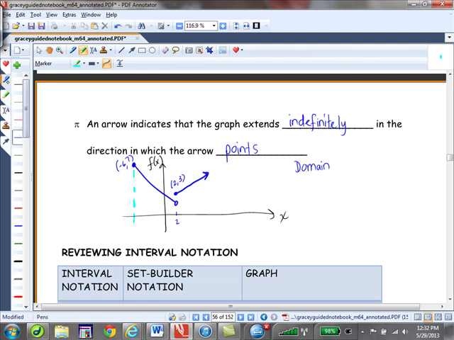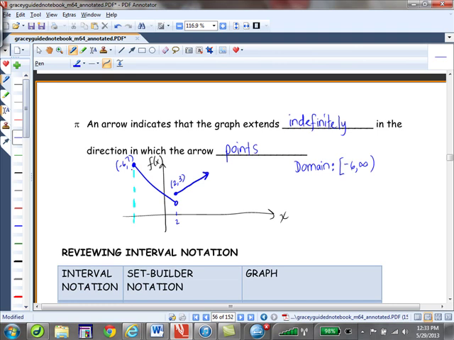Actually, infinity is not a number, so it progresses infinitely to the right. So your domain would go from -6, because that was the x coordinate on that ordered pair that was furthest to the left, and then it extends without stopping to the right, so it would go on to infinity. Now, what kind of ending would I put around that -6? Good, I would put a square bracket because that means that -6 is included, and I know it's included because it's a filled-in circle.